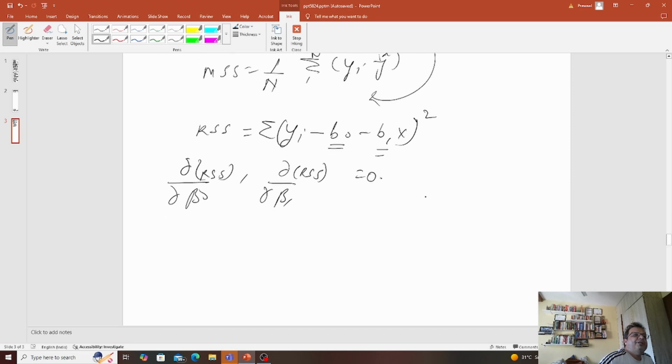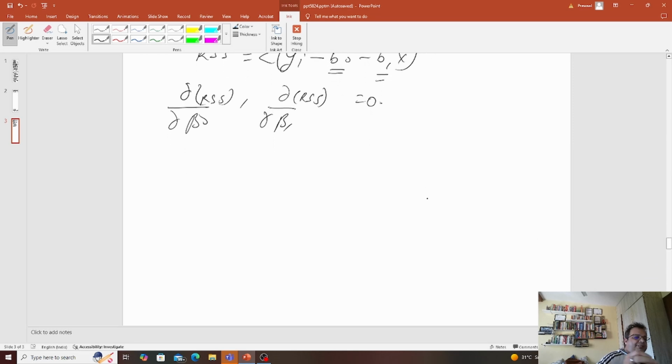You don't have to get into the derivations of how this is derived, but it is good for you to remember the formula that beta naught is going to be y bar, which is the mean value of y, minus beta 1 into x bar.